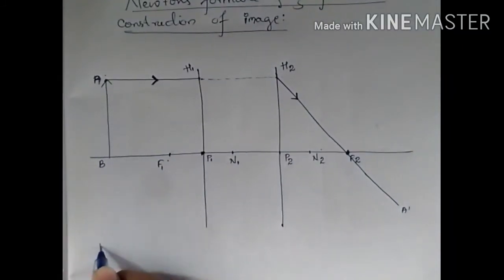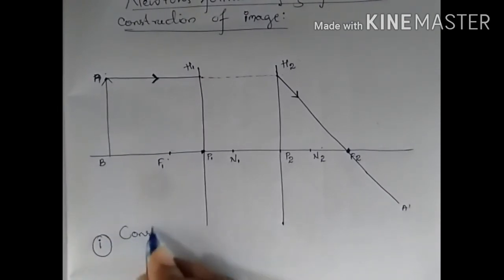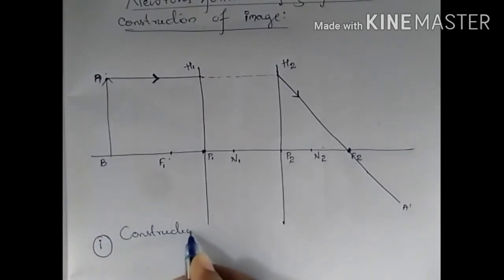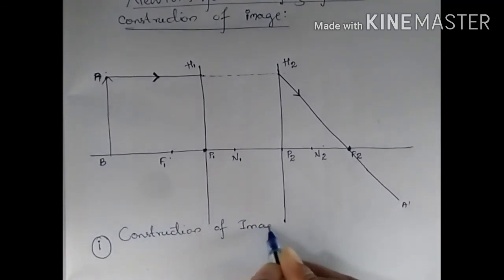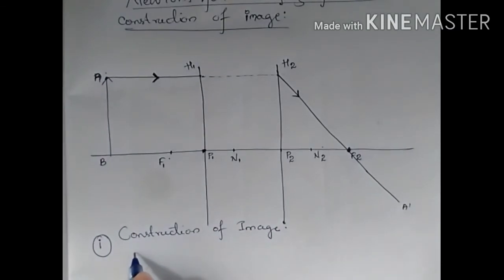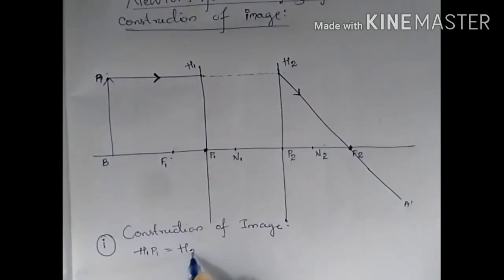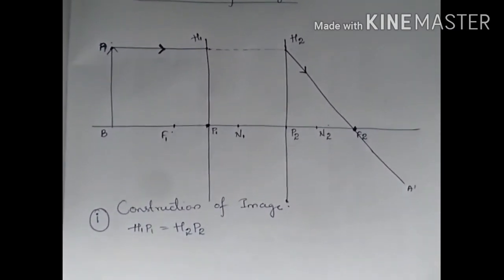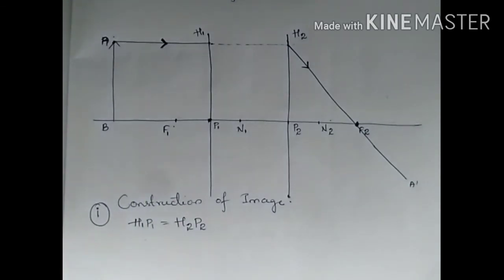So the first point in the construction of the image here is H1 P1 is equal to H2 P2. So you have to write this statement for the first point in the construction of the image. Don't write directly H1 P1 is equal to H2 P2.